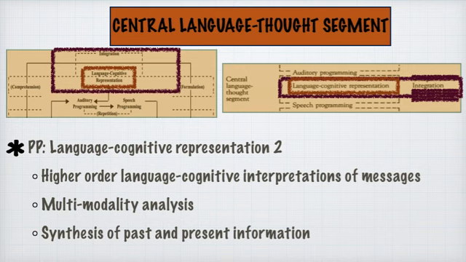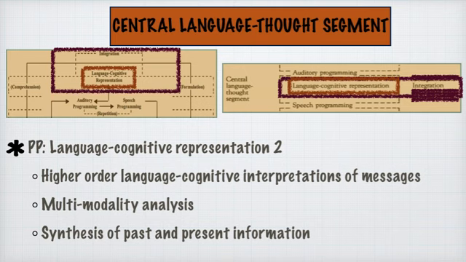Okay, so this part, the language cognitive representation, specifically in integration, is one of the most complex message interpretations, no? Again, as I mentioned earlier, this is where you can interpret the intentions and the different contexts.